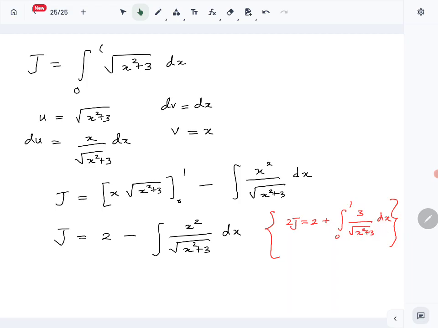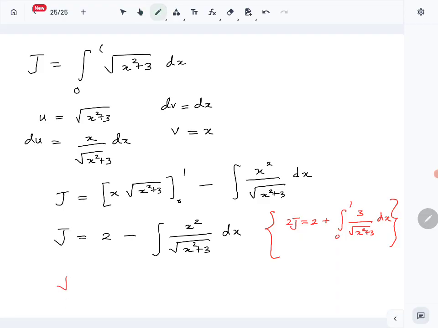So what is j? So we want to create this integral from 0 to 1 of square root of x squared plus 3, right? This we can do by doing what? By adding plus 3 and subtracting 3 from the numerator.